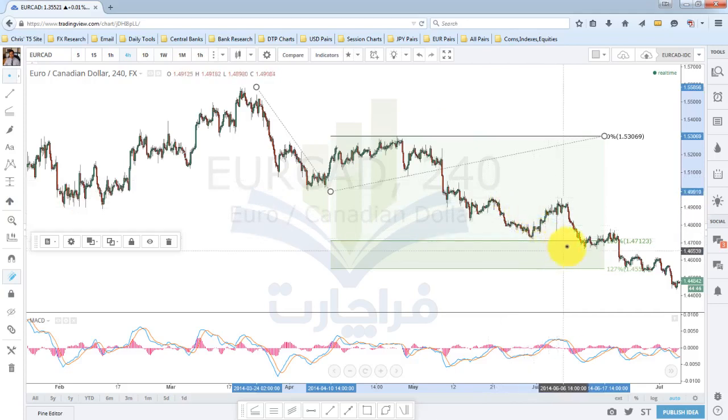Okay, so our target is all the way down here at 147. And I say 147 because 147.12 is equal legs. In this case, if it's 147.12, we're going to target that 147 figure.